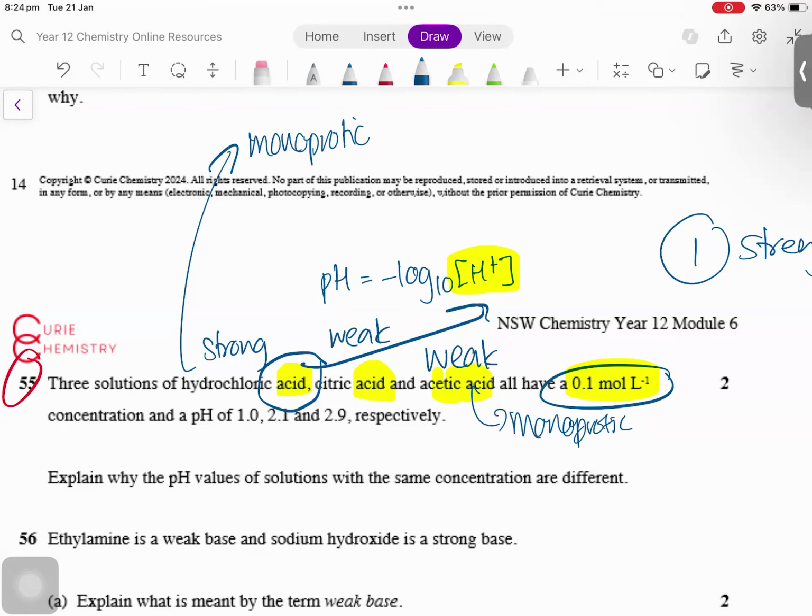Otherwise, the question falls apart. Anybody remember? I think I gave you citric acid last lesson. Anyone remember how many hydrogens it gives away? What's the prefix for 3? Mono, di, tri. Citric acid is triprotic.